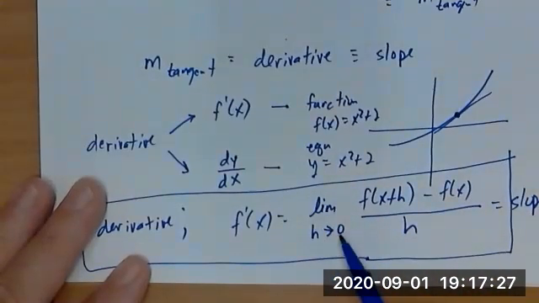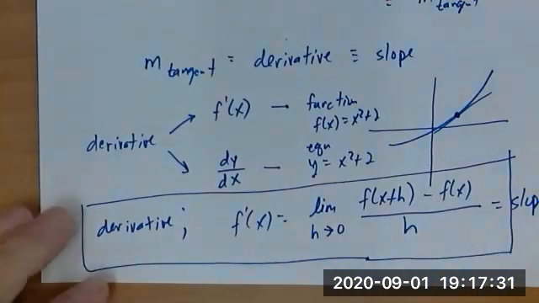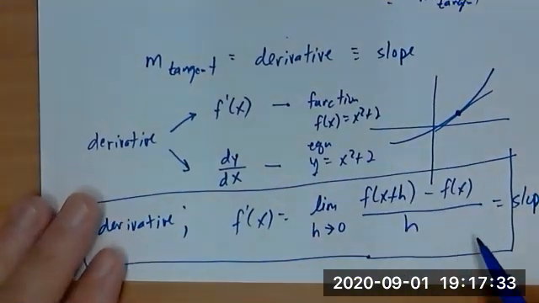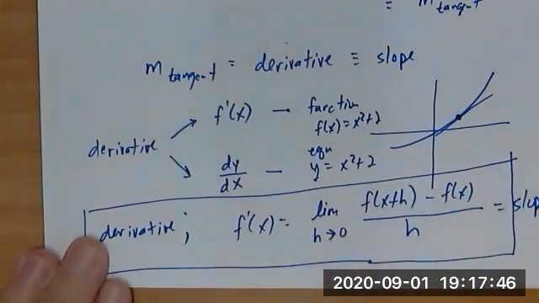The limit as h approaches 0 of f of x plus h minus f of x over h. This is almost like the formula you have to use. If you're given a function, you're given an equation, and you're asked to calculate the derivative of that function, this is what you have to do.